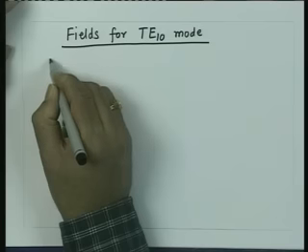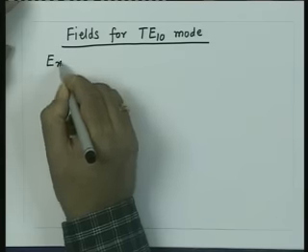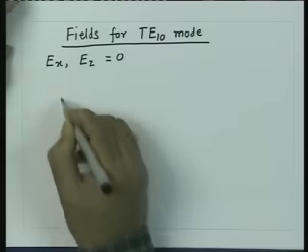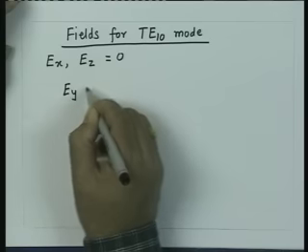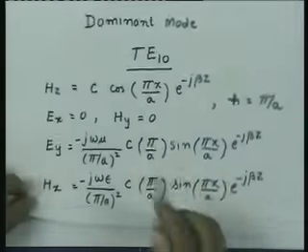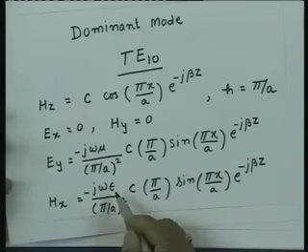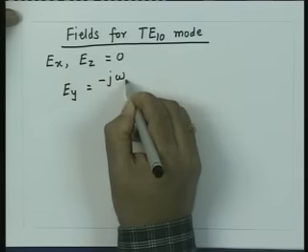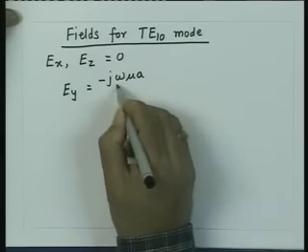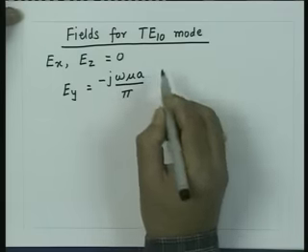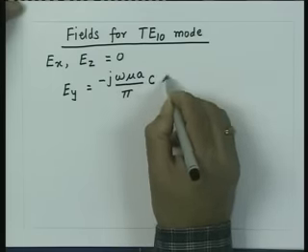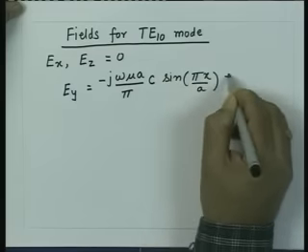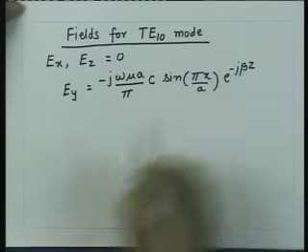Ex and Ez are equal to 0. Ey equals, simplifying, 1 pi upon a will cancel, so minus j omega mu a upon pi into c sin pi x by a e to the power minus j beta z.